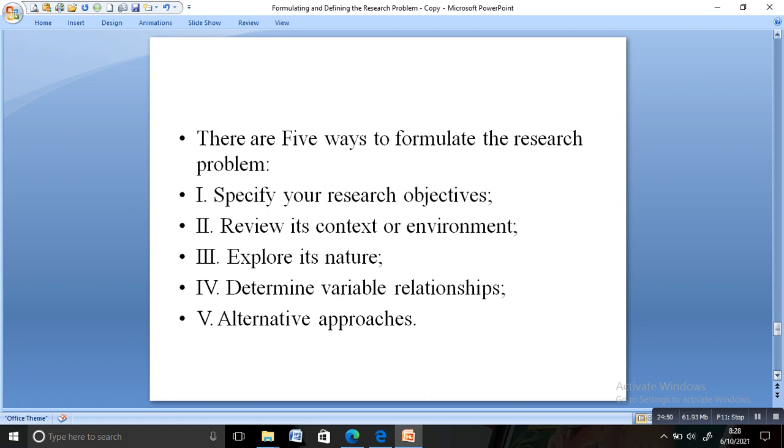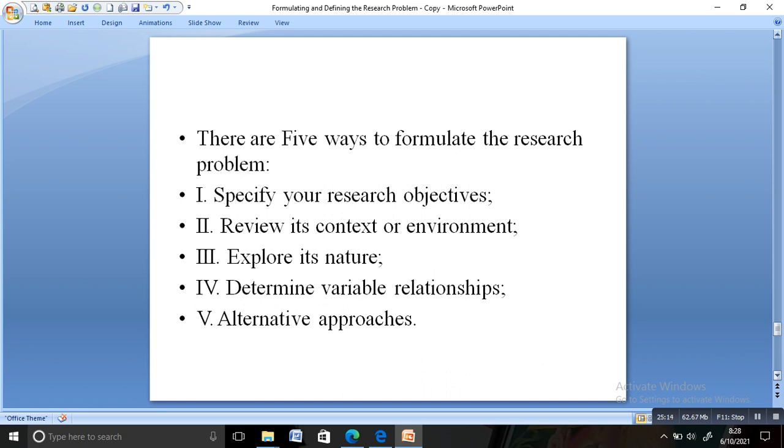Next, determine the variable relationship. What are the variables and the relationship, how feasible it is, whether in vitro antimitotic activity can be done. The antimitotic activity using onion I can do in the lab itself. That variable relationship I should think of, and the alternate approaches.